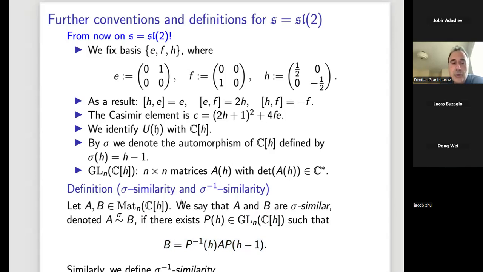On the bottom line, it says, similarly, we define sigma inverse similarity. So we have sigma similar and sigma inverse. Sigma inverse is with h plus 1. And if two matrices are sigma similar, certainly we don't have that they're sigma inverse similar.